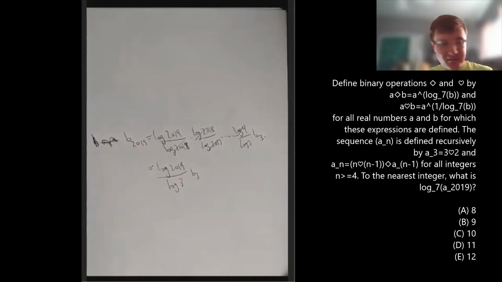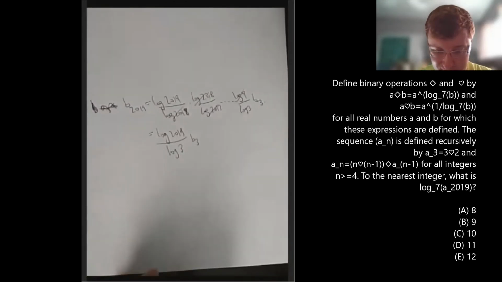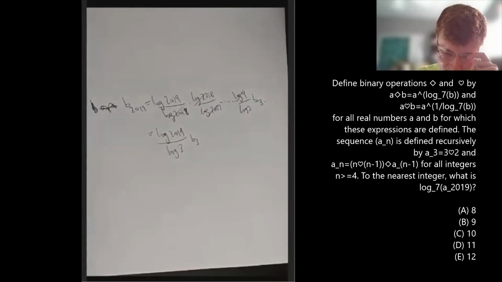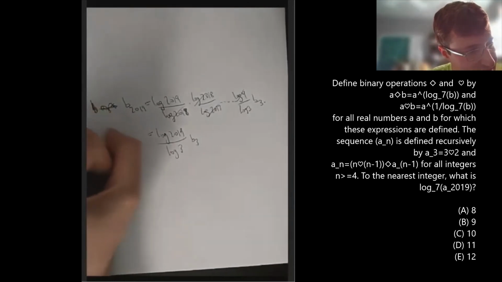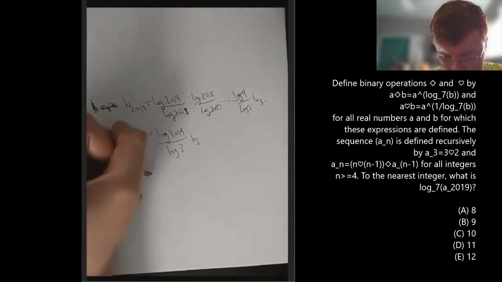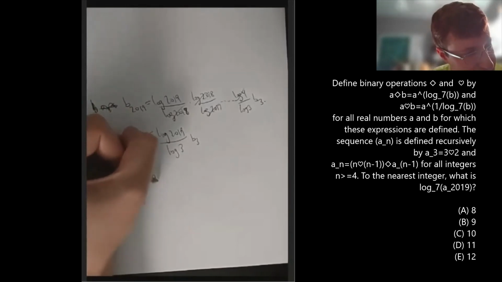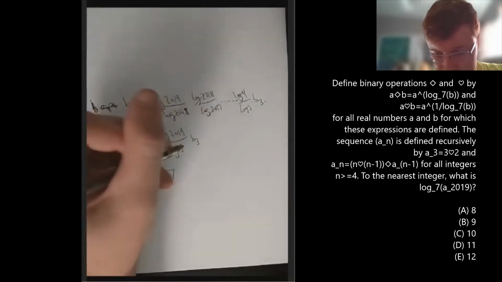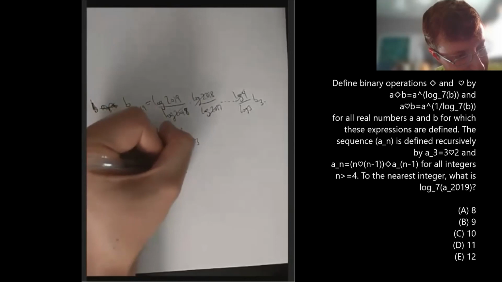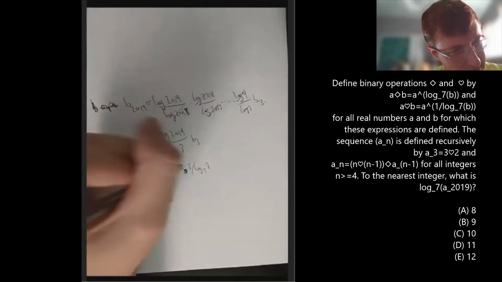Okay, and what is B3? It's the log of the starting thing. So A3 is 7 to the log base 7 of 3 over log base 7 of 2.